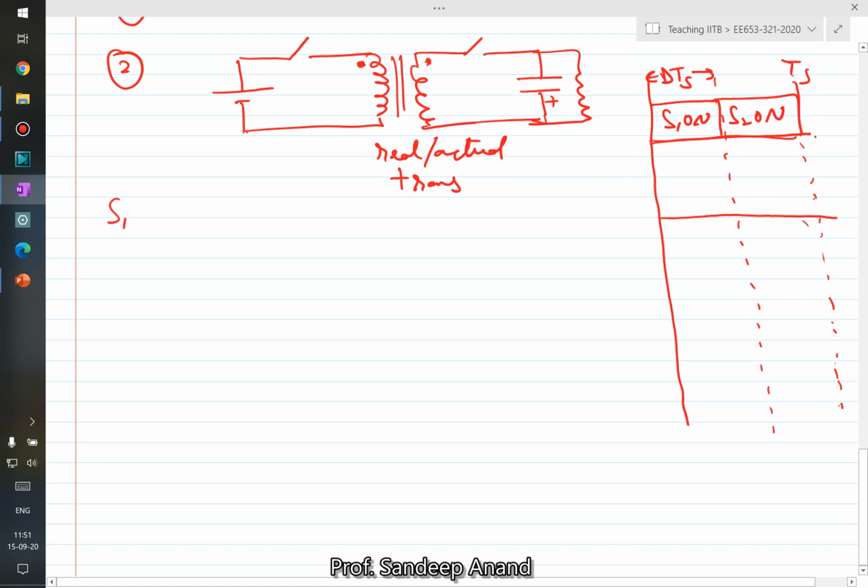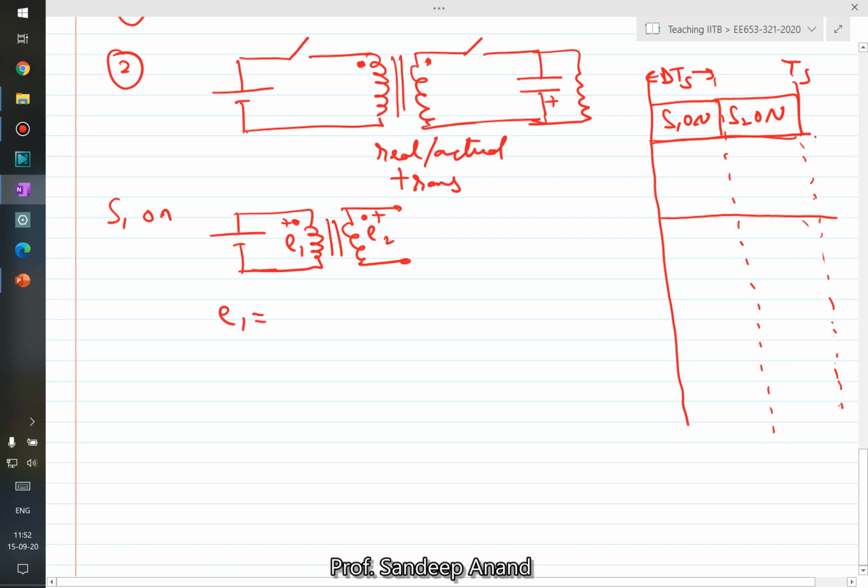So when S1 is on, we understand that the equivalent circuit would be this, and the secondary would be open circuit. So I can write E1 and E2.